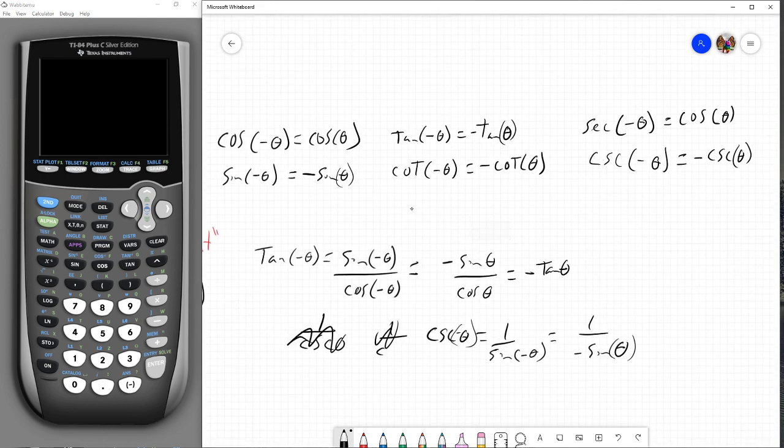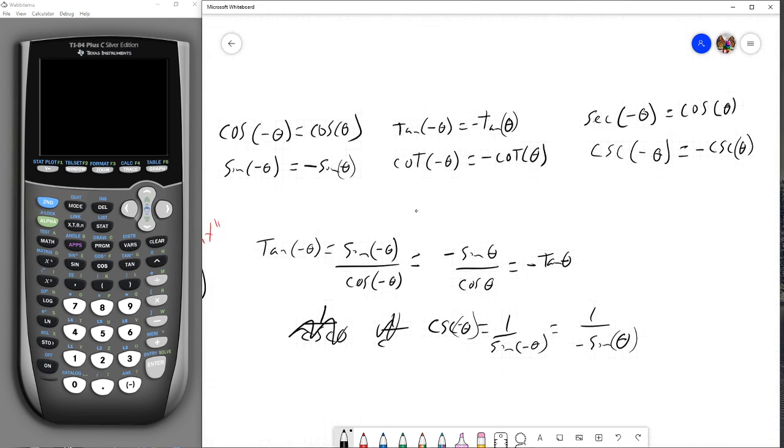Let's zoom out a little bit more. There we go. So these are called the even-odd properties because functions are defined to be even if you plug a negative x into your function and you get out just whatever f of x is, and by definition a function is odd if you plug in a negative x into your function and you get out negative of f of x.